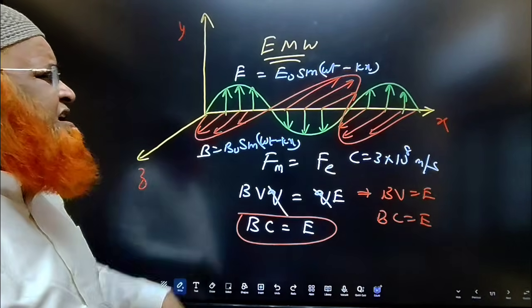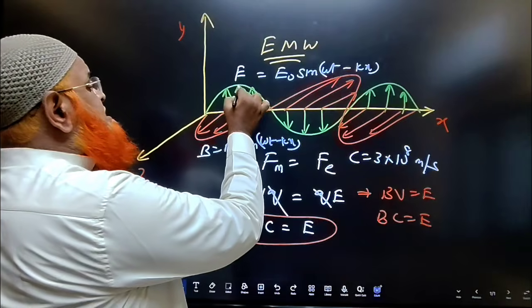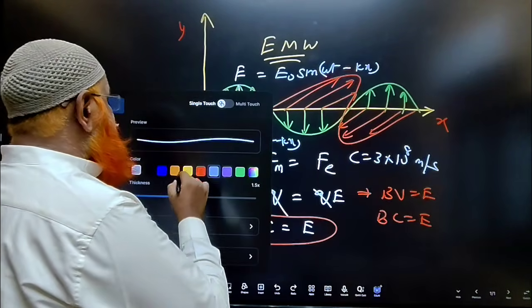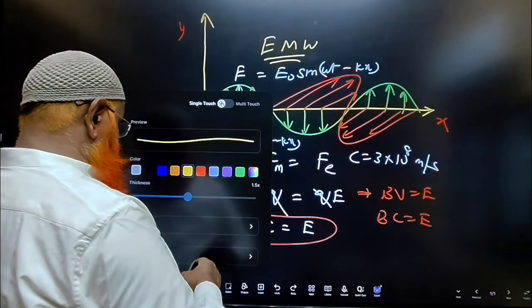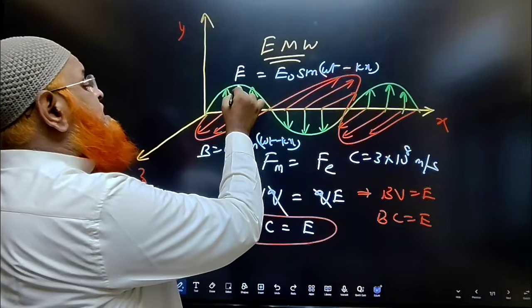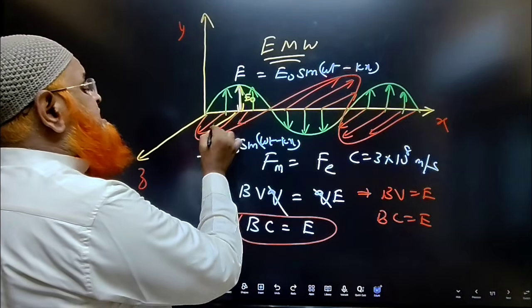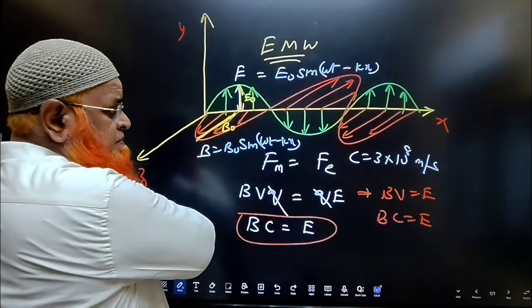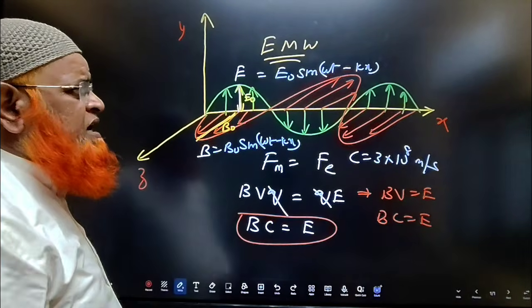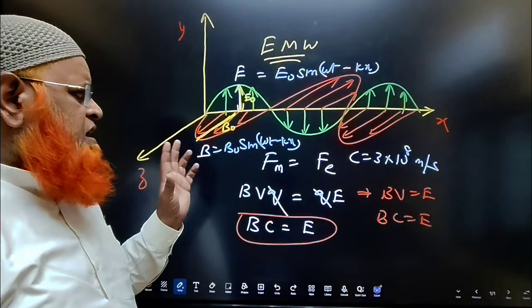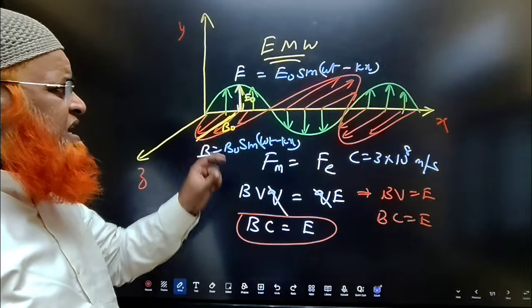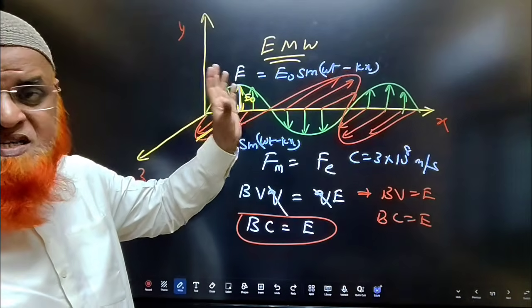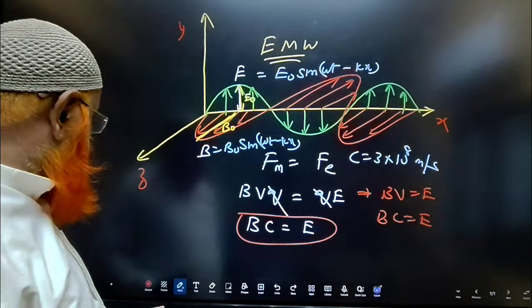E naught, what is E naught actually? E naught is said to be the peak value. Peak value means maximum amplitude. The maximum amplitude is given by the letter E naught, and the maximum amplitude in a magnetic field is given by the letter B naught. This you have to remember here.